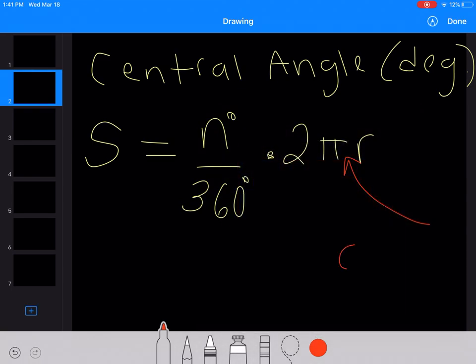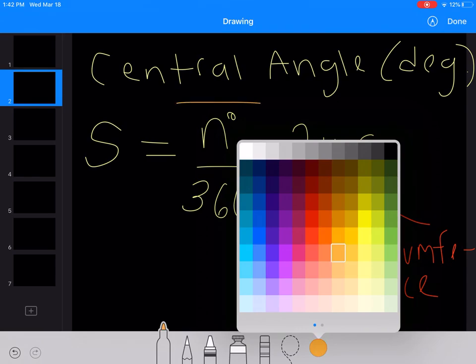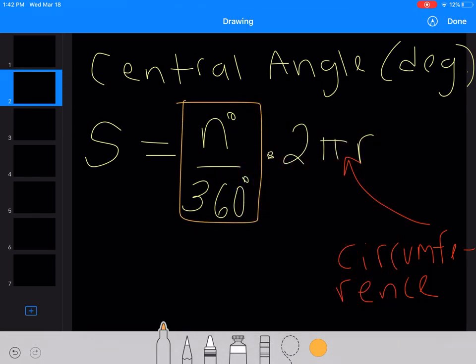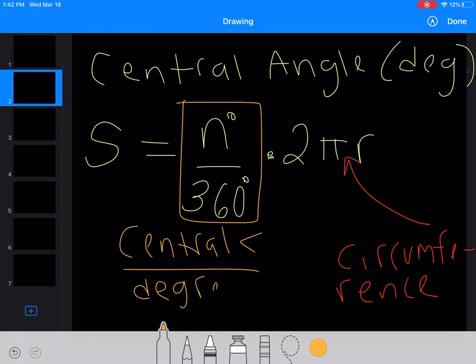That is the circumference of the circle. And the left is just a ratio of the central angle over the total degrees in the circle. Okay, so that's our first formula.